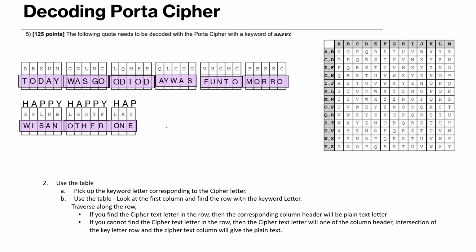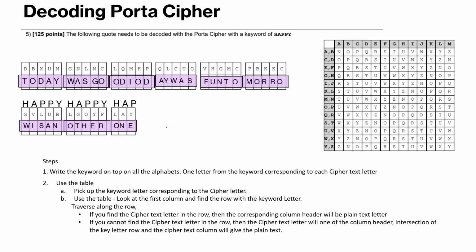Just to summarize, the way we looked at this whole thing, right? The first step was to write the keyword on top of all the alphabets, and then to decode them, we had to look at the table. We picked up the corresponding keyword letter corresponding to the cipher text, and we used the table.